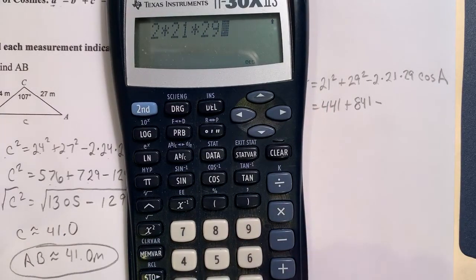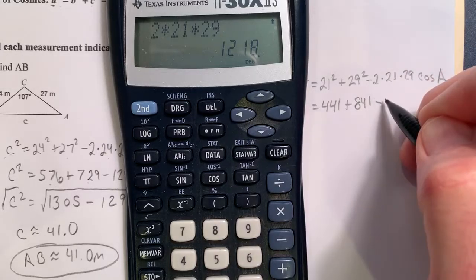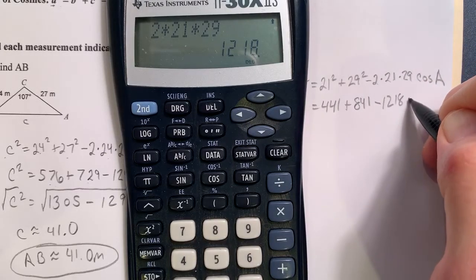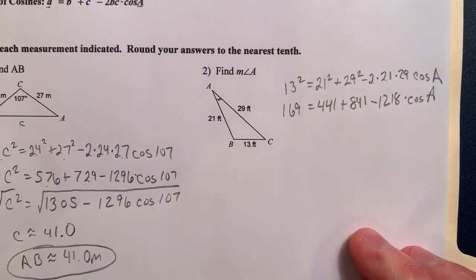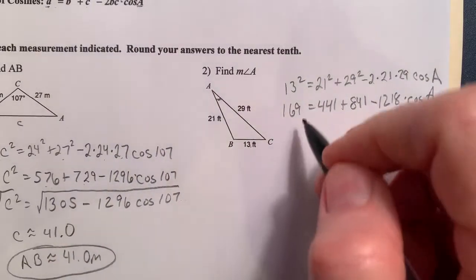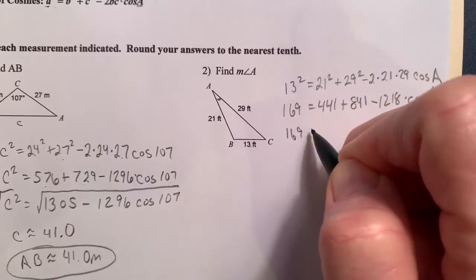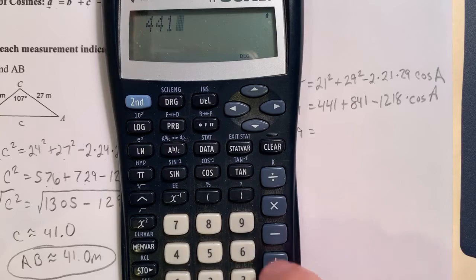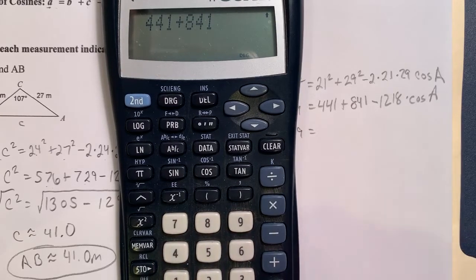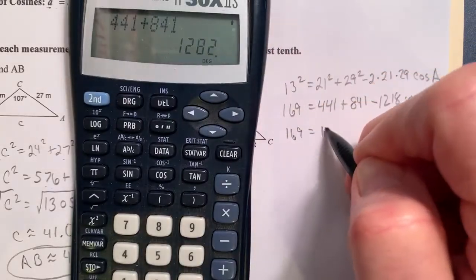Make sure I type that. Okay. So now again, I'm going to add these, clean it up. So 441 plus 841, 1282.